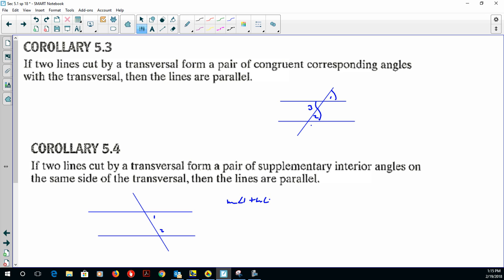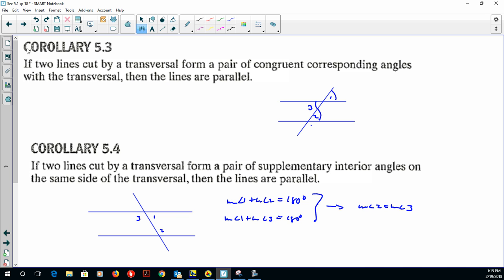We know that the measure of angle 1 plus the measure of angle 3 is 180 degrees. So if these two add up to 180 and these two add up to 180, I'm going to skip a little bit of a step here. That's enough to imply angle 2 and angle 3 have to be the same size, and they're alternate interior angles congruent, so you have to have parallel lines. As I said, corollaries are just one or two steps.